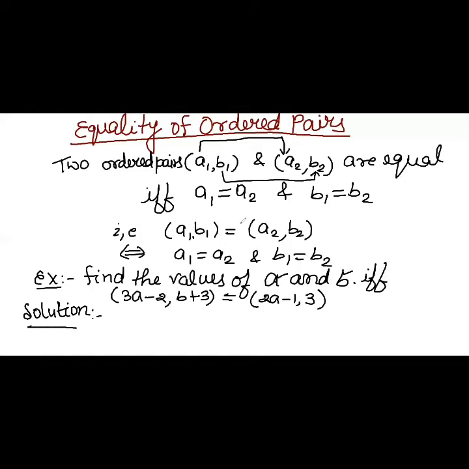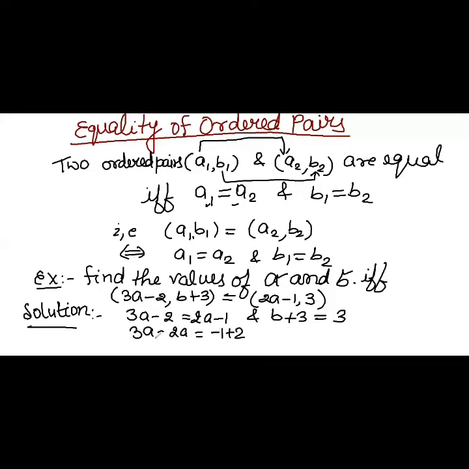So we know that whenever we have to take ordered pairs equal, then we can take here positions of elements are also equal, A1 equal to A2. So I'm going to take here 3A minus 2 equals 2A minus 1 and B plus 3 equals 3. And then I'm going to solve it. 3A minus 2A equals minus 1 plus 2.